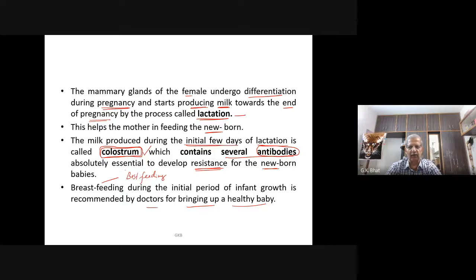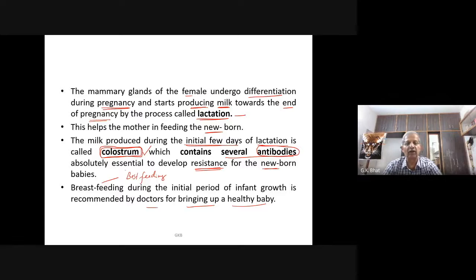I hope you may be knowing some of these athletes nowadays, they always go for the milk produced in the lactating mother. There are many lactating mothers who sell this colostrum, the milk produced at the early stage of the lactation period, in the market.